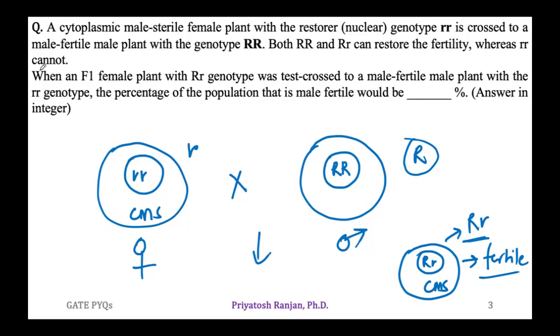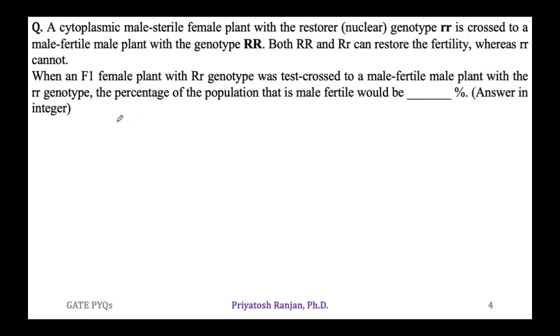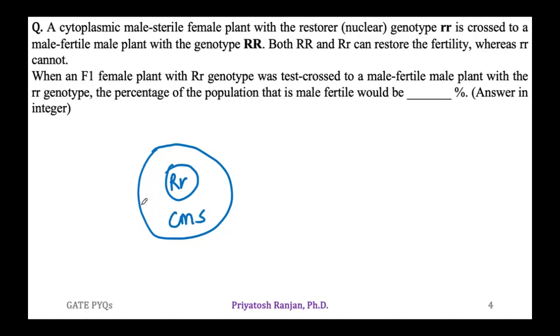When an F1 female plant with the capital R small r genotype, so you have this female plant, nuclear gene is capital R, small r, and the cytoplasm is going to carry the CMS gene, was test crossed. Test cross is a kind of cross where we make use of a homozygous recessive parent.